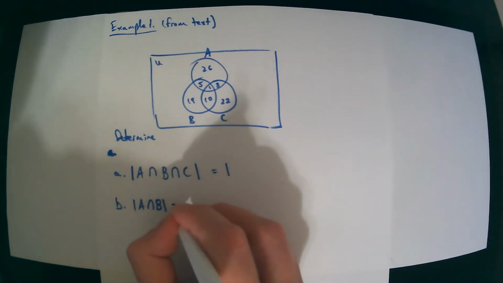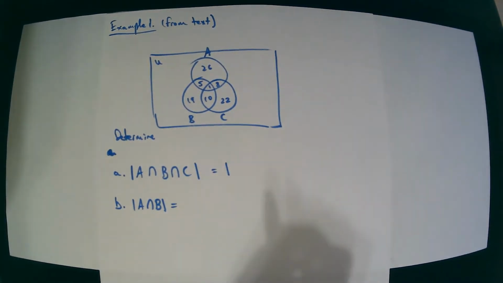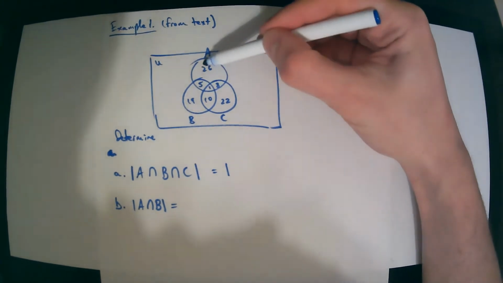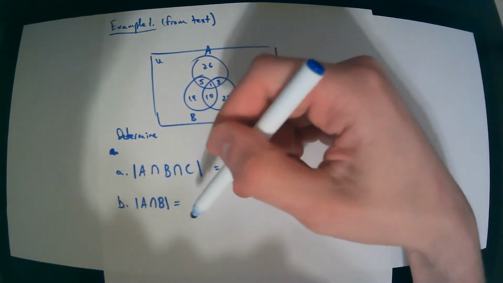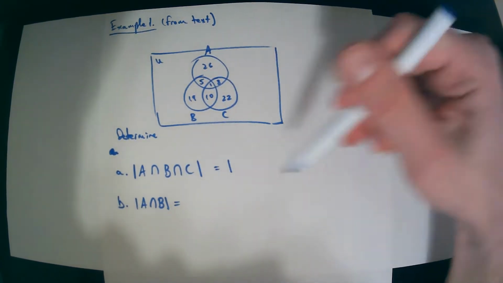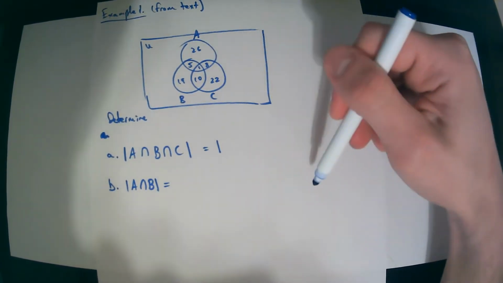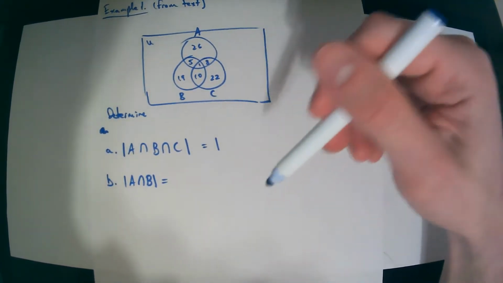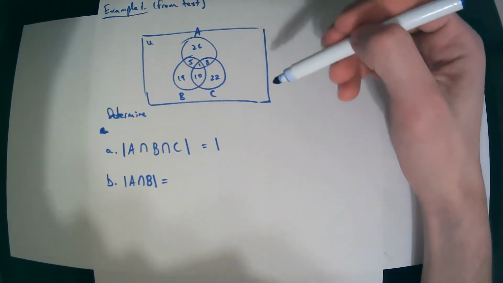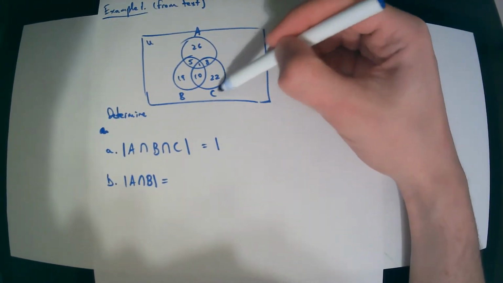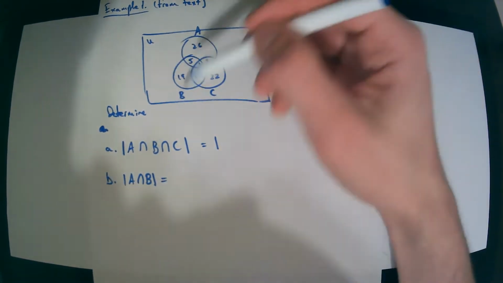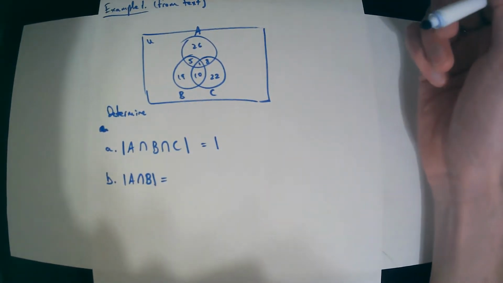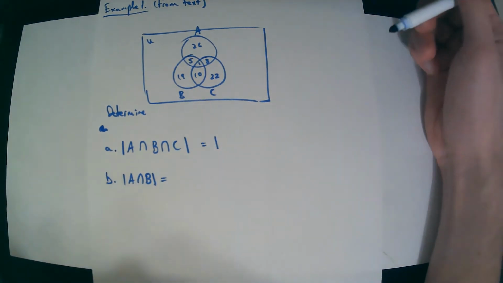So, let's be careful here. We want to add up everything that's in A and everything that's in B. The only number that's not going to be written is that 22, because that 22 does not live in A or B, right? Oh, I'm sorry, that's an intersection, not a union. Sorry about that.